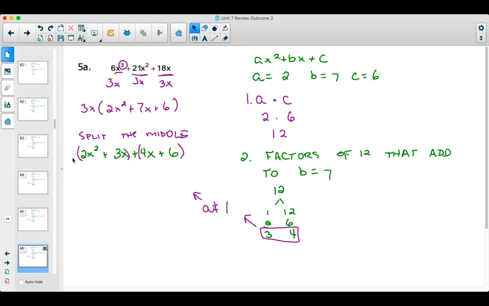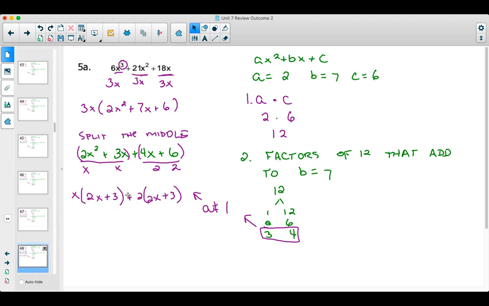My GCF for the second half is going to be 2. I'm going to divide those. My GCF goes out front of the parentheses. And then when I divide, I have 2x plus 3 inside parentheses. For the second half, my GCF goes out front, and then I'm going to divide. 4 divided by 2 is 2x. 6 divided by 2 is 3.